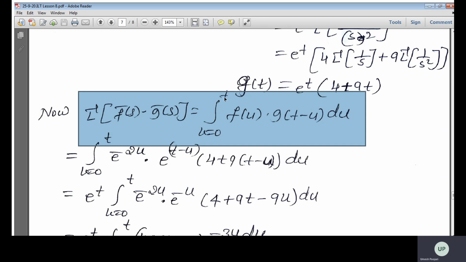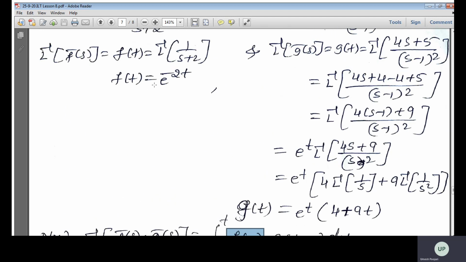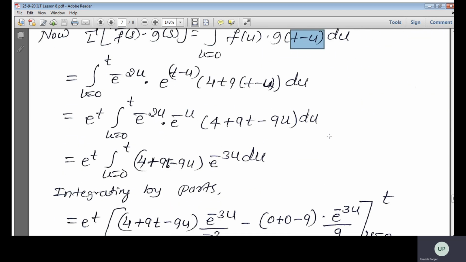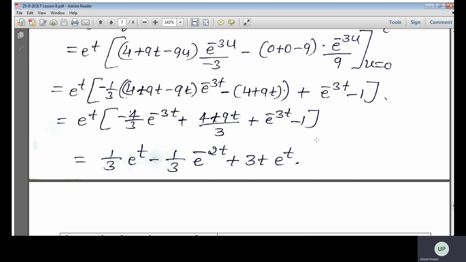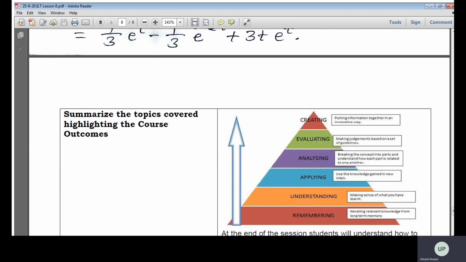So here variable is with respect to u and limit is from 0 to t. Correct? So remember this. And while obtaining f of u, replace t by u in f of t, and while obtaining g of t minus u, replace t by t minus u in g of t, and solve the examples. So this is about inverse Laplace transform by using convolution theorem.